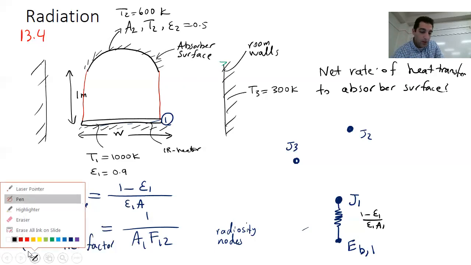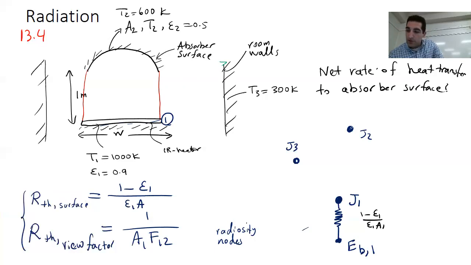So for each surface, we should do the same thing. For surface 2, for this curved absorber, I have EB2, black body emissive power, and in between I have (1 minus epsilon 2) over A2. That's the resistance in between.